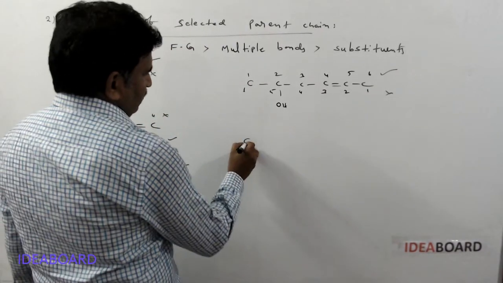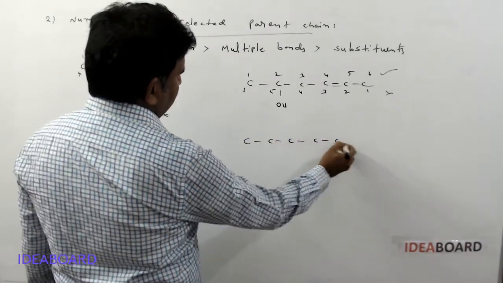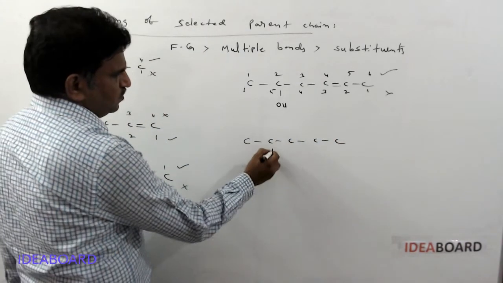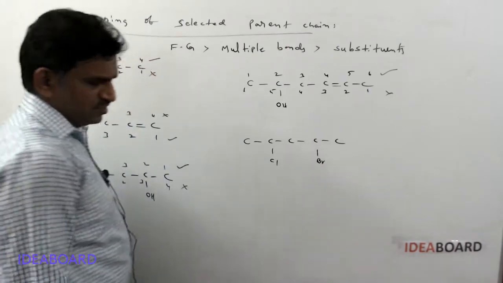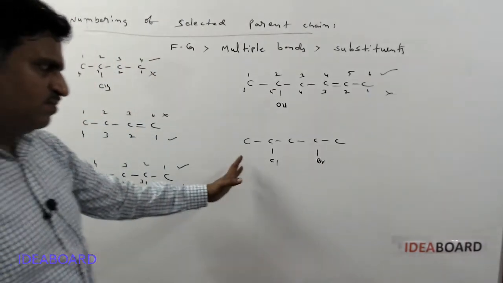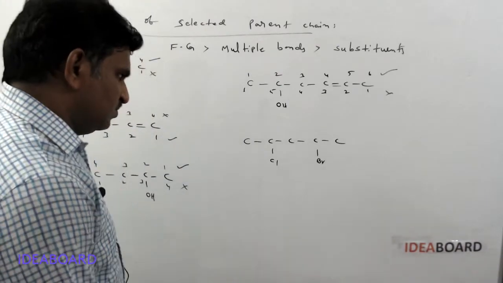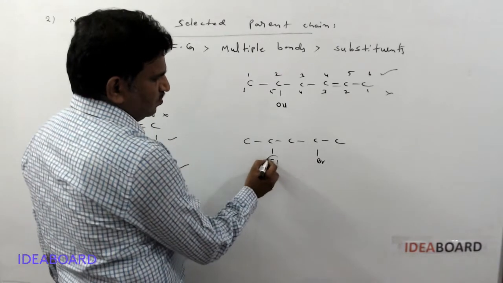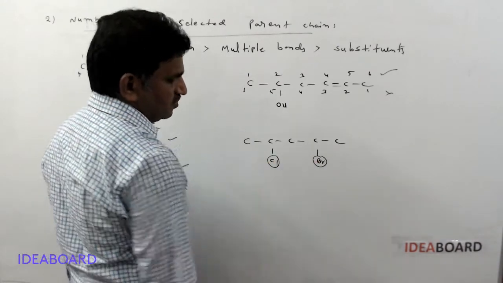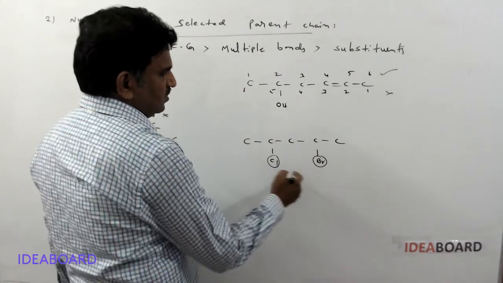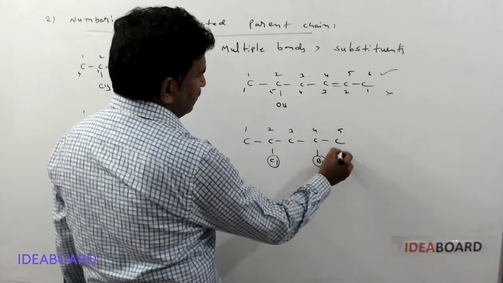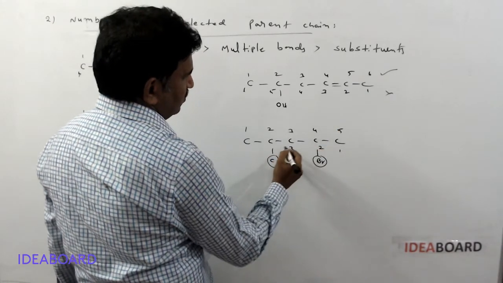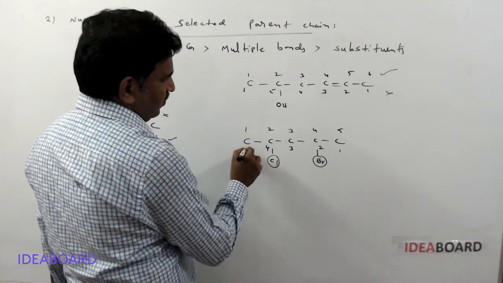Okay. If you have two same-type groups from the opposite ends, here chlorine and here bromine, it is called a symmetrical structure. Symmetrical structure means both are halogens only, and both are at the same positions, 1, 2, 3, 4, 5.